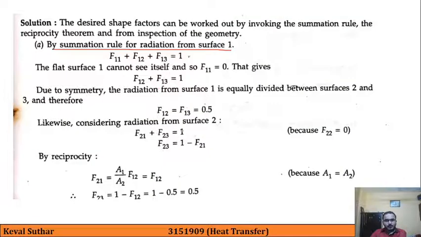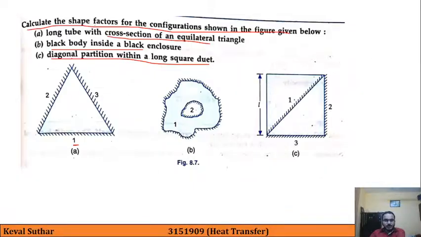This formula is applied based on the summation rule for radiation. Now the flat surface 1 cannot see itself, so F11 will be 0.